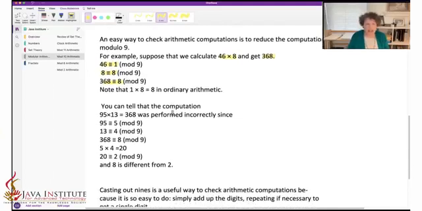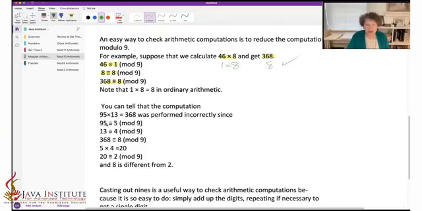Okay, and so if this were in mod 9, this would be 1 times 8, 8. It's all right. Now, we may have made a mistake, but the mistake is off by a lot.